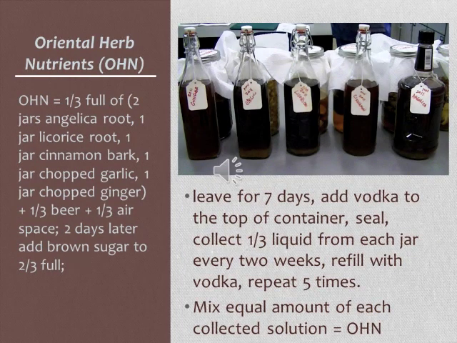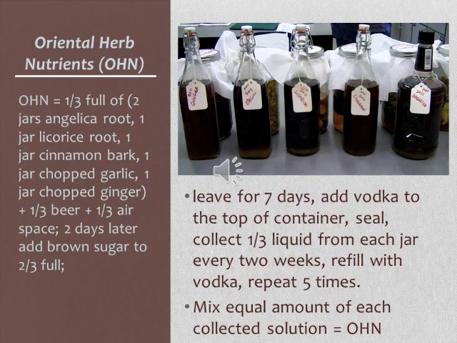Coriander herb nutrients is probably the most difficult to prepare among all Korean natural farming inputs. You will need 2 jars for angelica roots, 1 jar of licorice roots, 1 jar for cinnamon bark, 1 for garlic, 1 for ginger. Fill up this ingredient to 1/3 full of each container, and then you add 1/3 full of the container with beer.